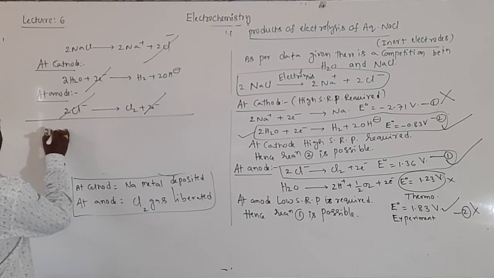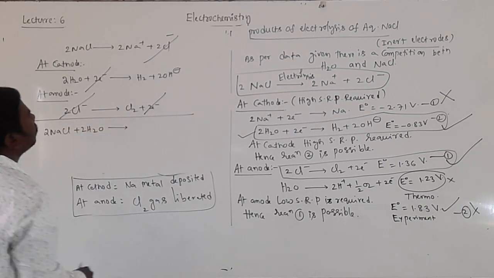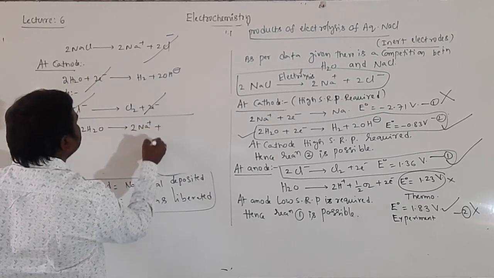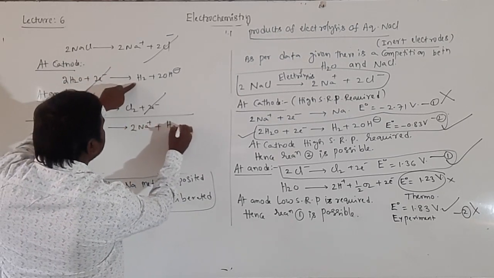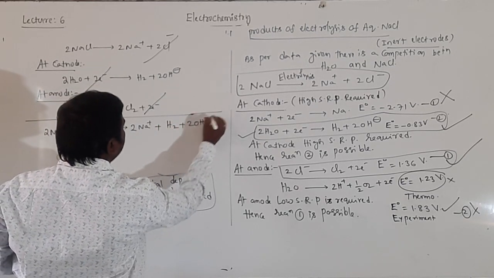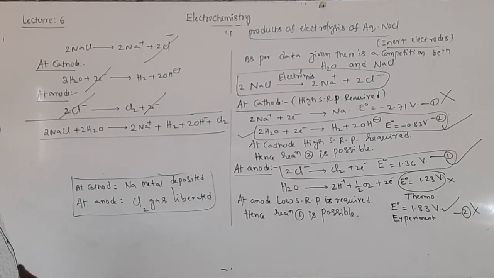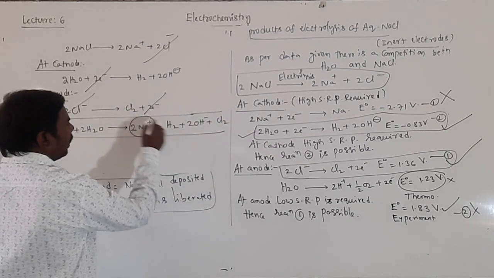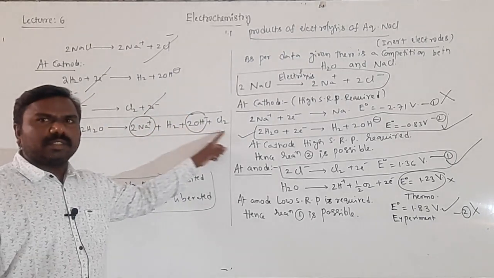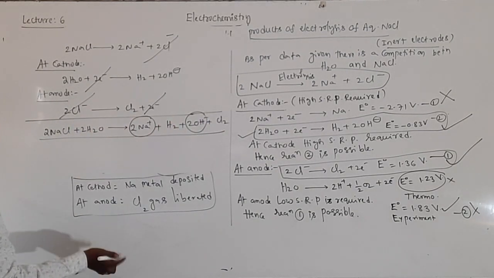Then 2NaCl plus 2H2O gives rise to 2Na plus, H2 plus 2OH minus plus Cl2. Getting, all of you? These two, 2Na plus and 2OH minus, are connected to each other by an ionic bond, then form 2NaOH, right?